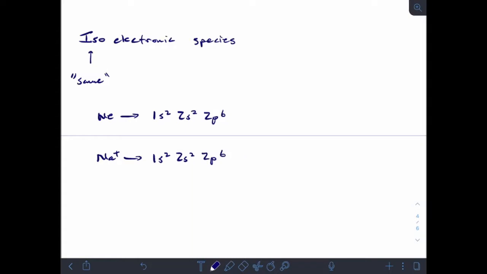So same as neon. Sodium plus is isoelectronic to neon.